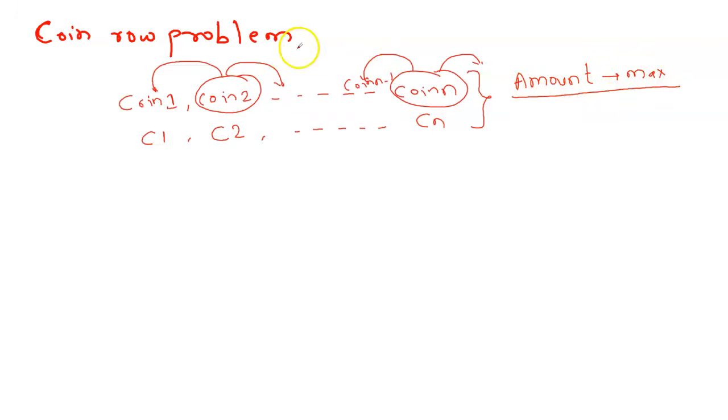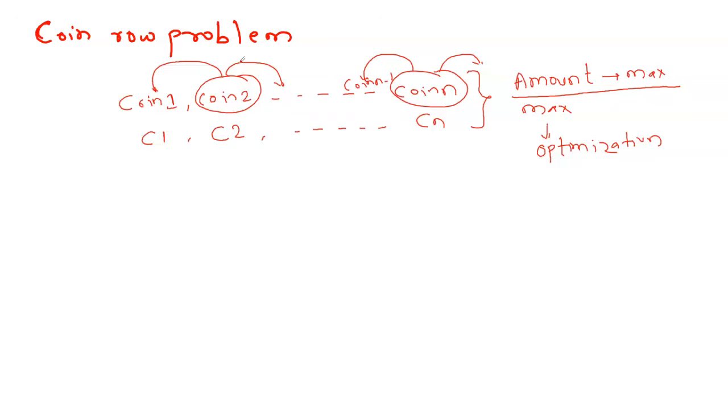So this is called the coin row problem, and this is a maximization problem. Maximization is nothing but optimization, and we already know that optimization problems can be solved by either dynamic programming or the greedy method. In our coin row problem, we are using dynamic programming to find the maximum profit out of these coins.